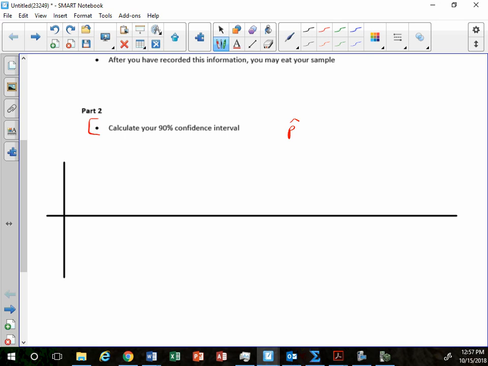There's a Z thing here. It's a multiplier by this, and then add. So I'm gonna calculate these first.